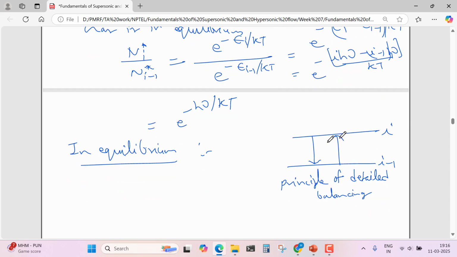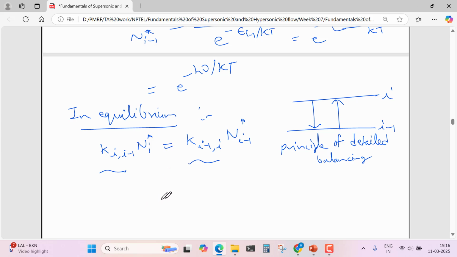So what is the transition from i to i minus 1? It is K(i,i-1) Ni star. It will be equal to K(i-1,i) N(i-1) star. One thing to note is that the vibrational rate constant we are taking the same because it will not depend on the number of particles.